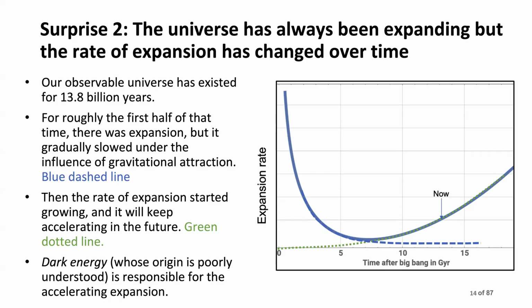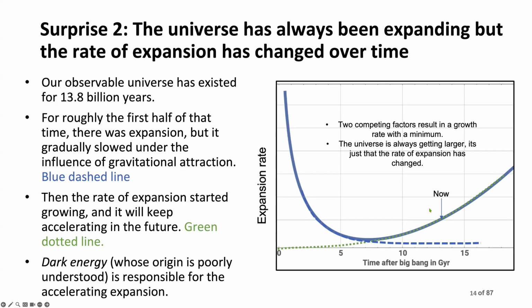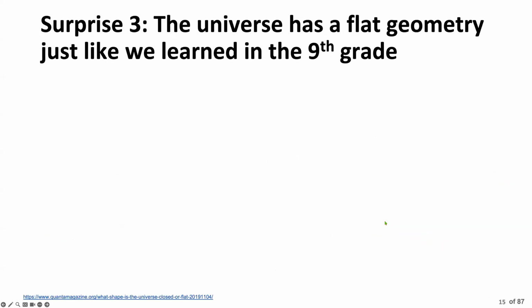So, less than 30 years ago, this was a discovery that shocked everybody. So what we have here on the graph is two competing factors: an expanding universe where initially gravitational forces were dominant, and now the influence of dark energy is dominant. And so we actually went through a minimum in the expansion rate about 7 billion years ago.